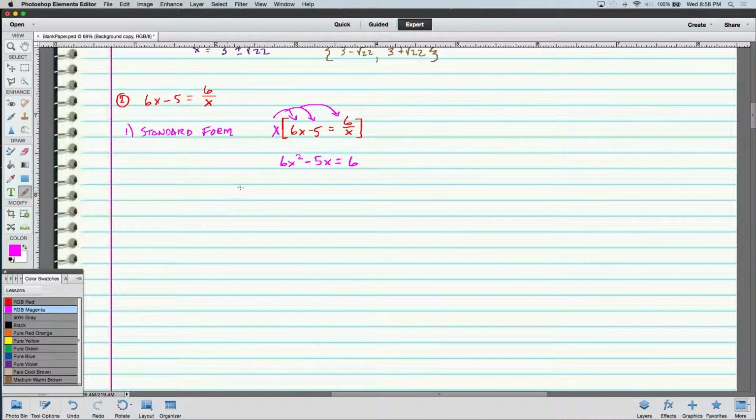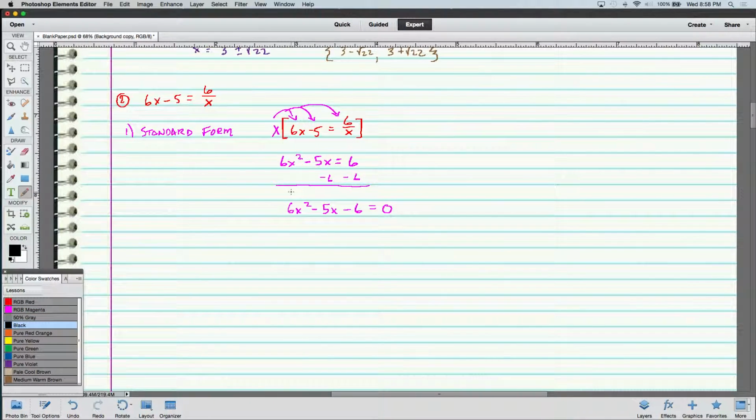So now we can either move the 6 over, or if you noticed that this is already what it looks like in step number 2. But we'll just put it over in standard form. So to get it in standard form, we're going to subtract 6 from both sides. And we're left with 6x squared minus 5x minus 6 equal to 0. So now we're in standard form.